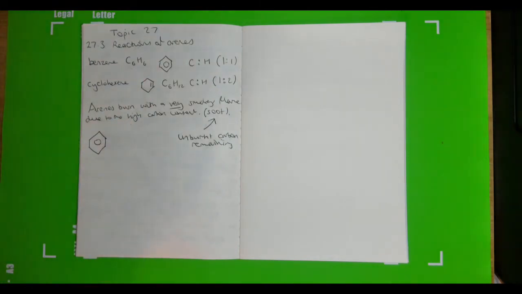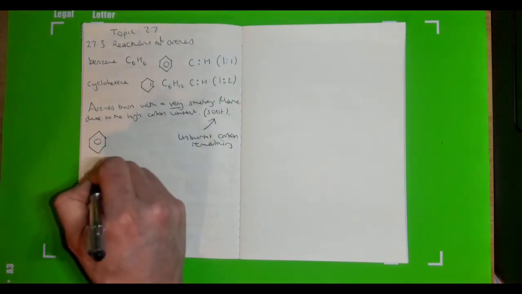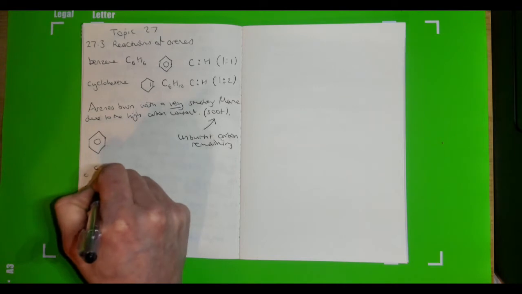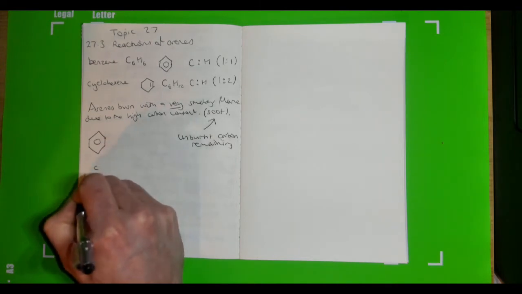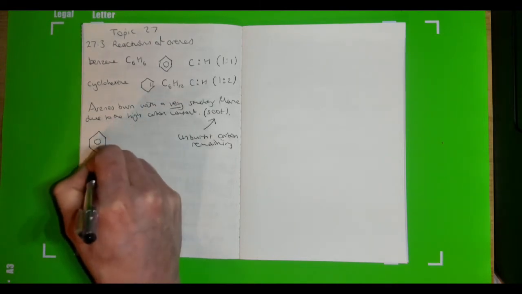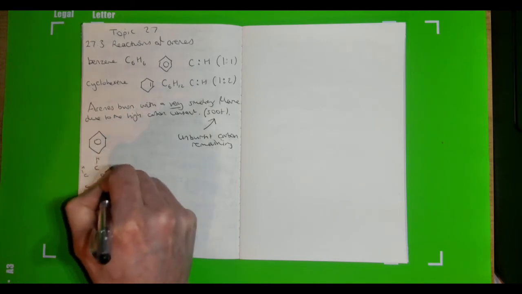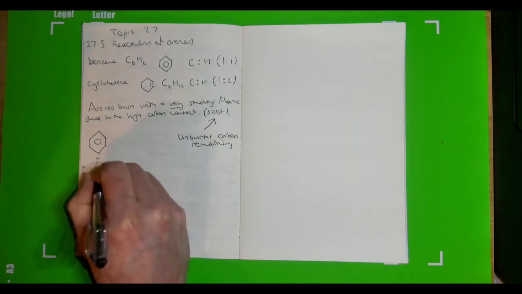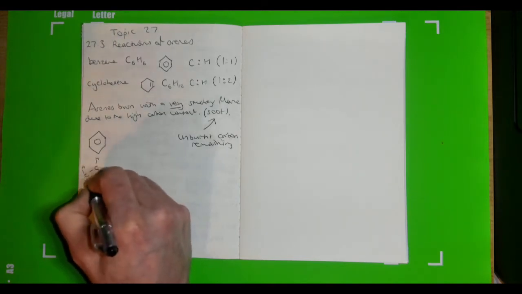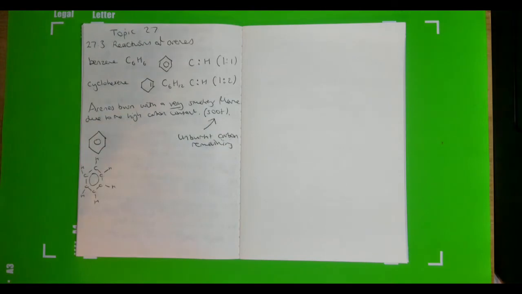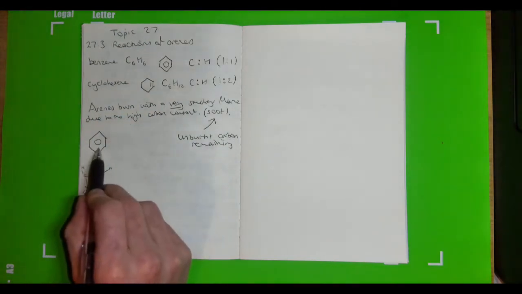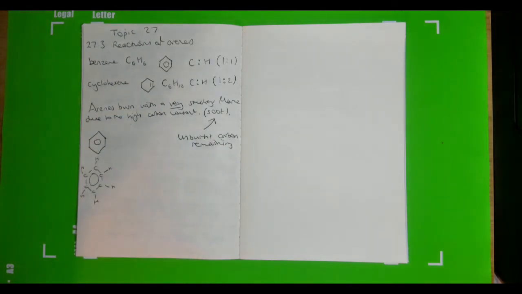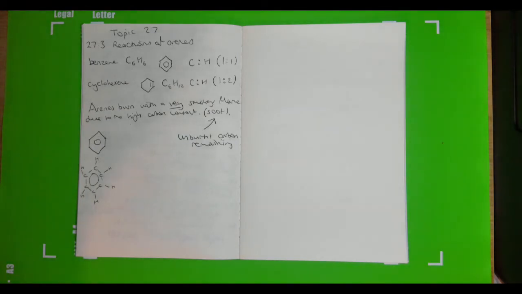Now, an alternative way of drawing that, if I want to show all the carbons and hydrogens, is something like this. So all I've done is copy that, but put the carbons and hydrogens in there as well to show you what happens.